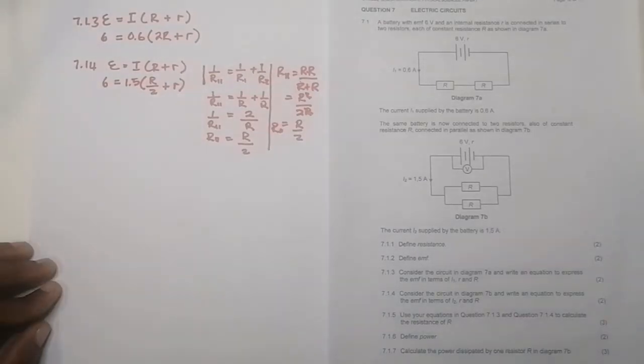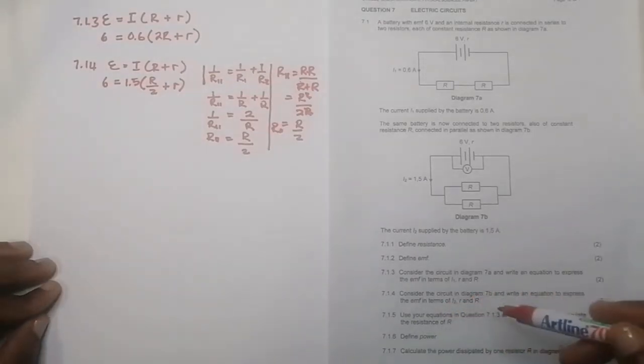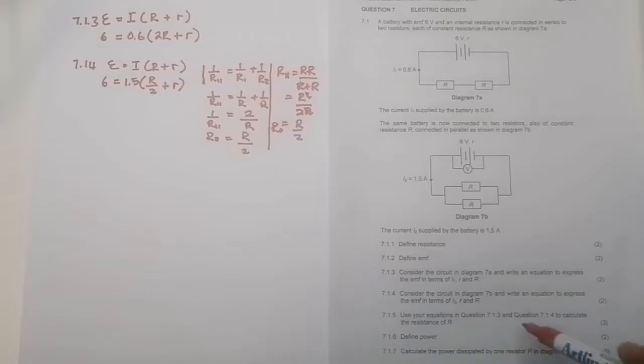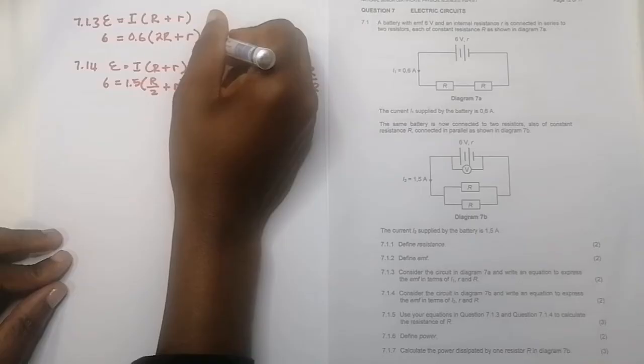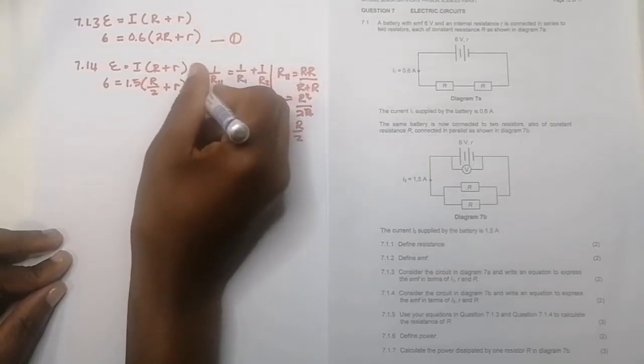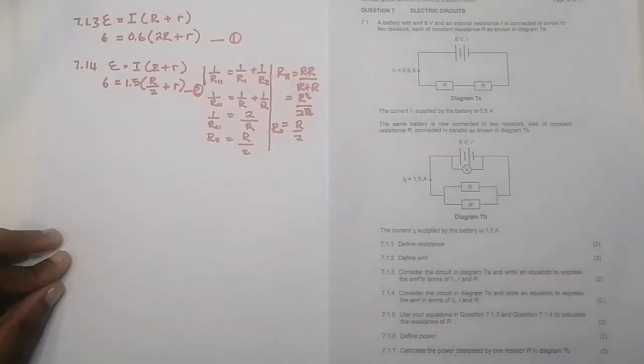All right, so now the next question, they say use the equations in 7.1.3 and 7.1.4 to calculate the resistance of R. All right, so if we can call this one equation 1 and this one here equation 2, okay?